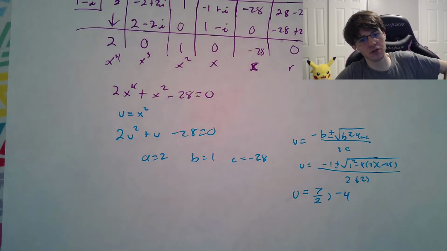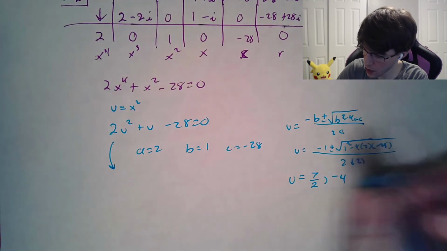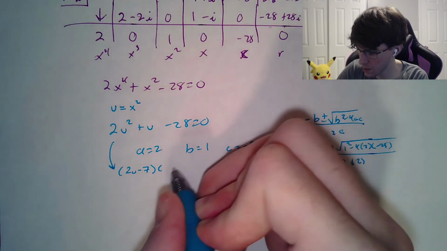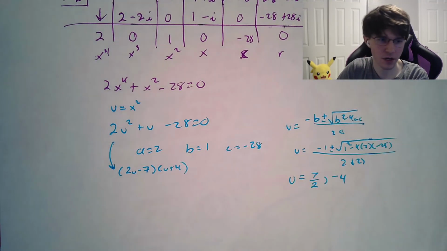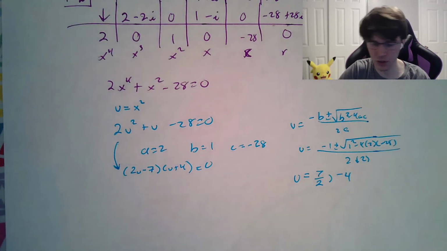So you have those 2 solutions. By the way, you could have, again, factored this using factor by grouping, and you would have ended up with 2u minus 7 multiplied by u plus 4. So you could have also done the factoring there to get to that equal to 0. I don't really care which one you do. You pick your favorite.